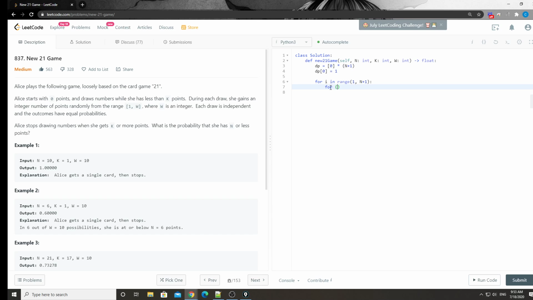So I'll do a k here, for k in range w. Basically, we need to go back to the w positions.